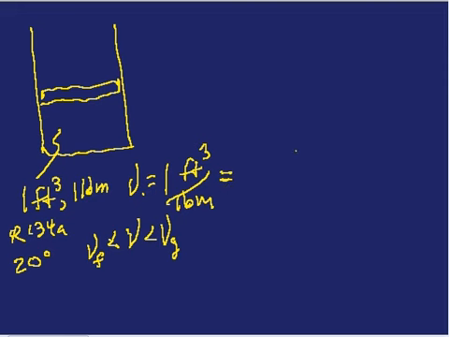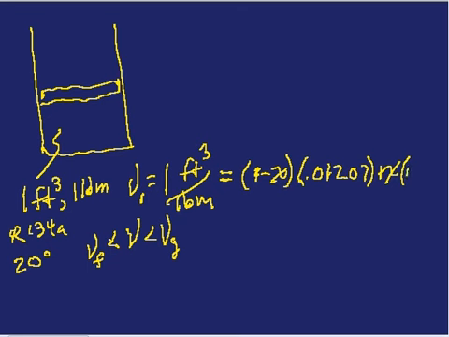Vf, which is 0.01207, plus X Vg, which was 1.408. Solve for X, and you have X at state 1 is equal to 0.708.